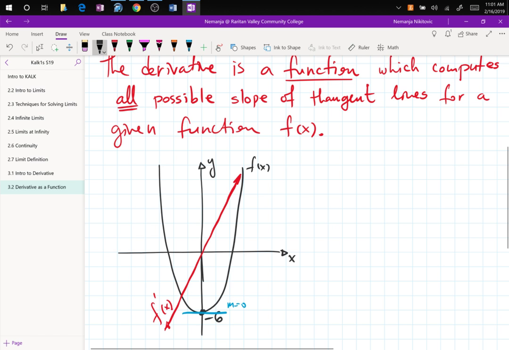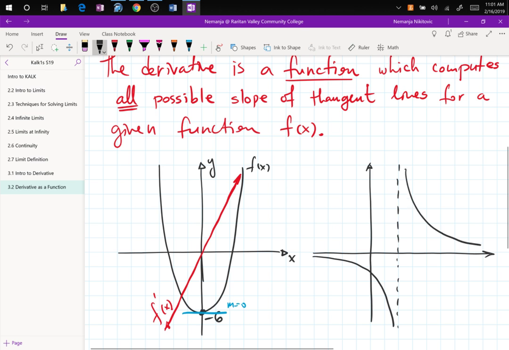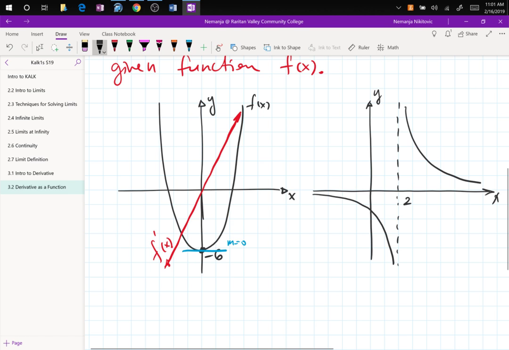There we go. The next example is the one where we have an asymptote at 2, and we have our 1 over x graph, which is just shifted to the right. Now, the red one was negative 1 over x minus 2 squared.